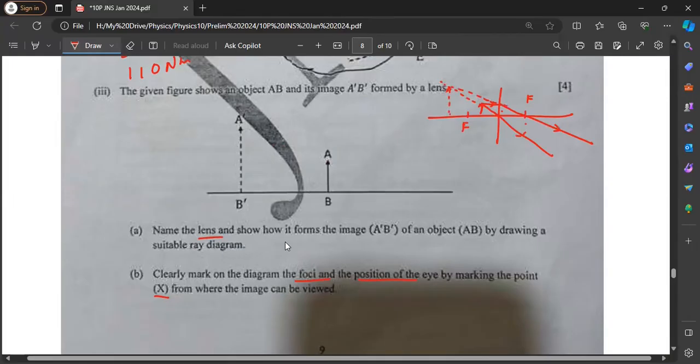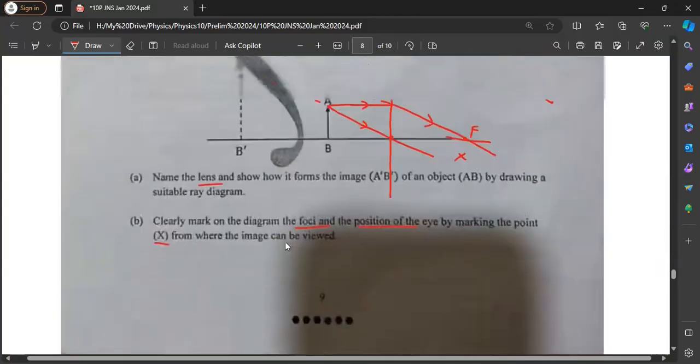Now what they have given you, they have given you image, they have given you object, and they are asking you to find the lens and the focus. So what you will do is you will join the tip of the arrows this way. So where it intersects, that is the position of the lens. Now see this ray, you took it straight. So you take this straight. Now again you have one point and the other point, the tip of the arrow. So that also you will join. And this you proceed. So this will be focus and your eye will be over here. Okay, thank you, sir.